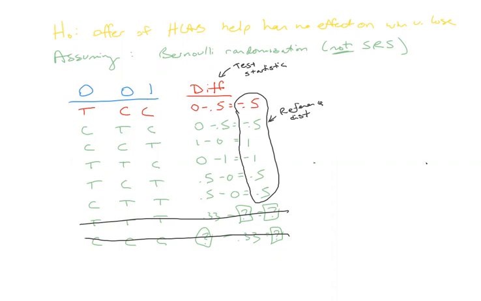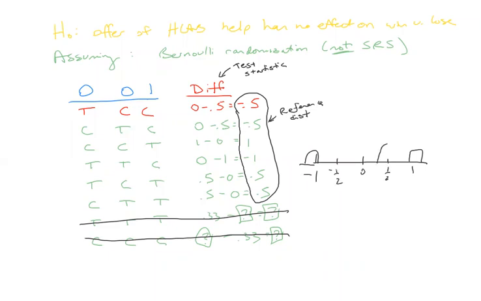Under the assumption that we're flipping a coin for each unit, each of these possible ways of the randomization coming out is equally likely. So I know that 1 out of these 6 times, I would get a 1. And 1 out of these 6 times, I would get a -1.